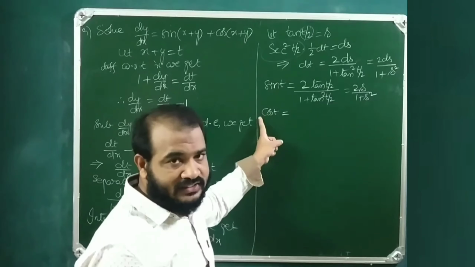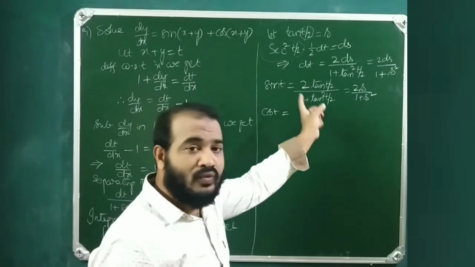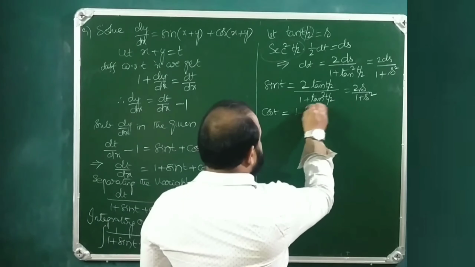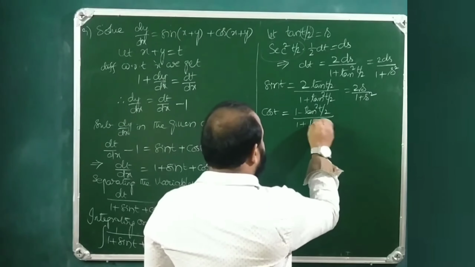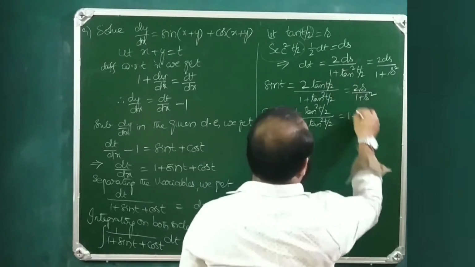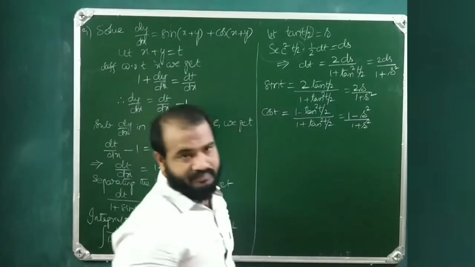Half angle formula. Cos t is 1 minus tan square t by 2 by 1 plus tan square t by 2, that is 1 minus s square by 1 plus s square.